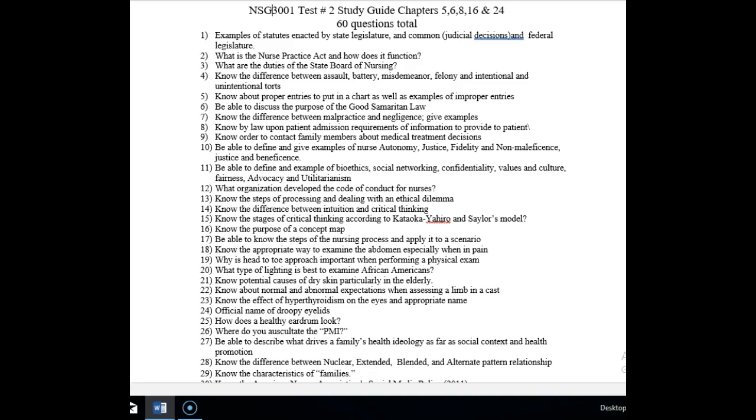Also, as far as giving someone informed consent, they do need to have consent if the physician is preparing to give them some type of procedure.